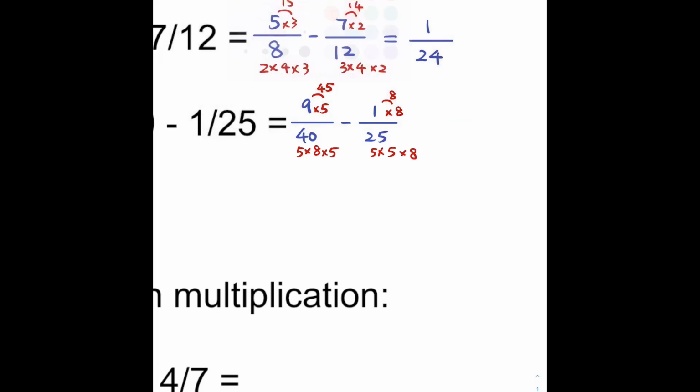Now change back to blue color. 25 times 8 is 200. 45 minus 8 is 37, and that is it.